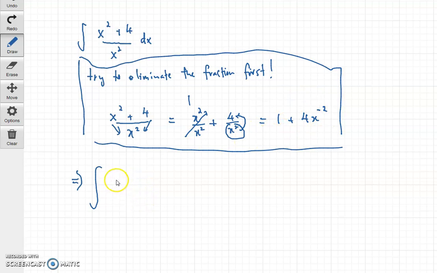You are going to integrate 1 plus 4x power of negative 2 dx. Since you already eliminated the fraction, here you can start to use the formula.